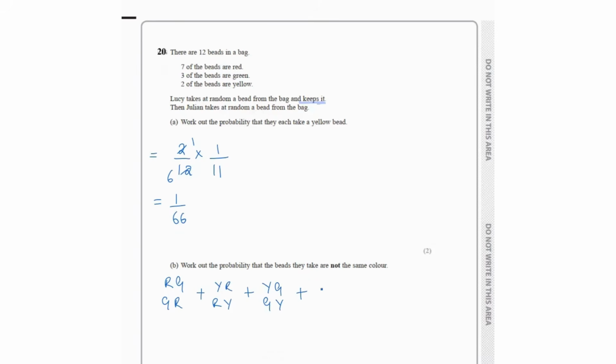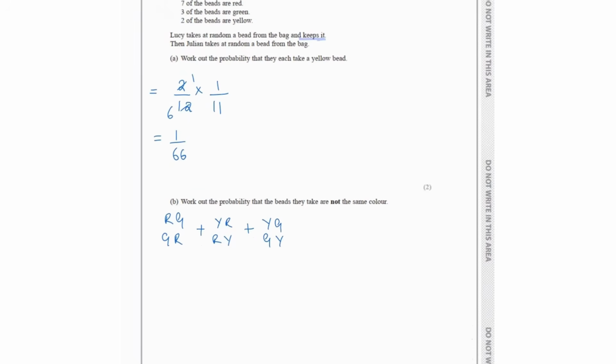Red, green is done. Red, yellow is done. Yellow, green, yellow, red. I think all three are on. Red, green, red, yellow, green, yellow, green, red. So these are our possibilities of them taking a different color each time.